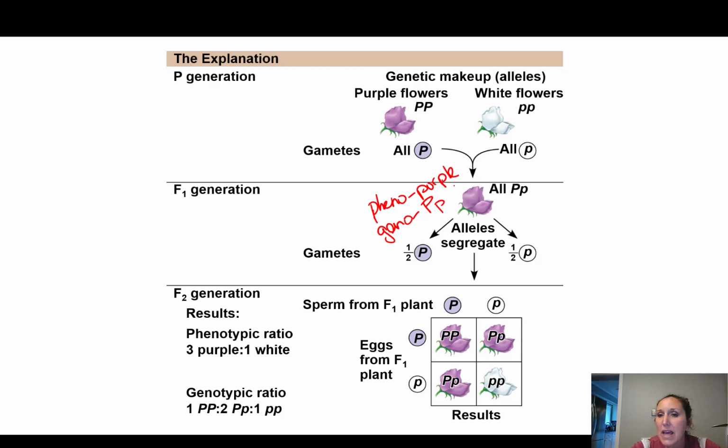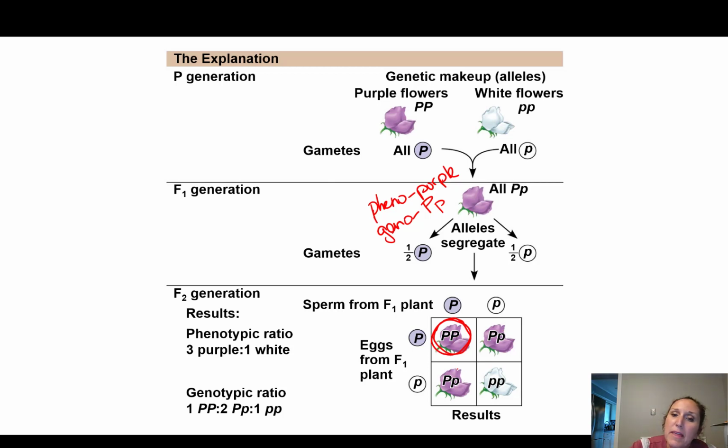Now, if we are going to take these purple plants and we cross them with each other, the mom purple plant can give either a big P or a little p. And the dad plant can give either a big P or a little p, okay? So now this makes things a little bit complicated because if we drop down this big P right here, then we pull this big P over, we have one big P, big P, that's homozygous dominant.